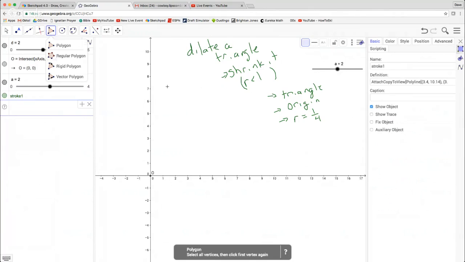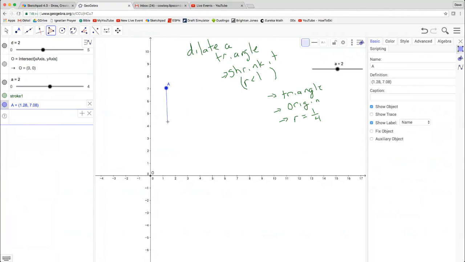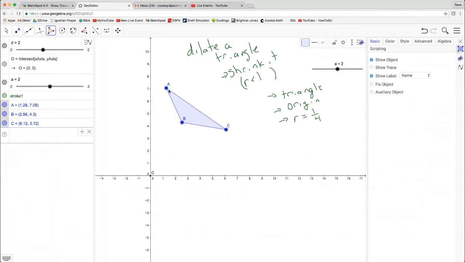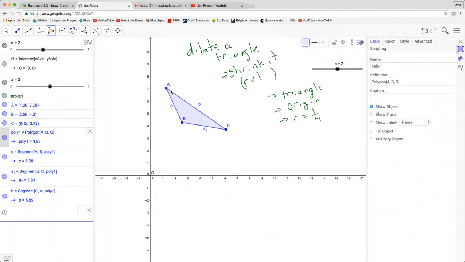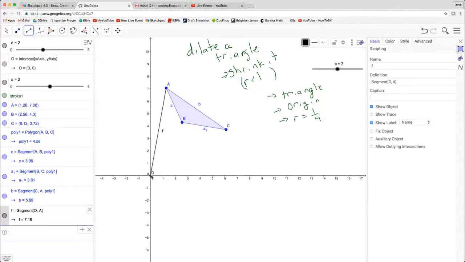We could draw this thing anywhere, but let's draw it right here. Let's do an obtuse triangle, one like this. And we're going to shrink it by 1/4. So what you're going to do is draw a line segment from your point of dilation up to each vertex.